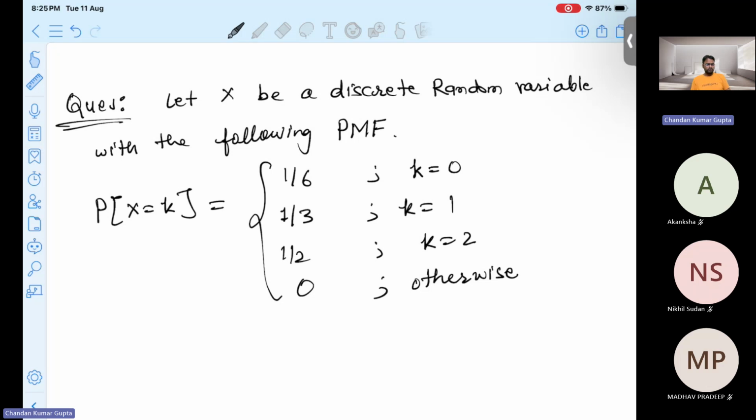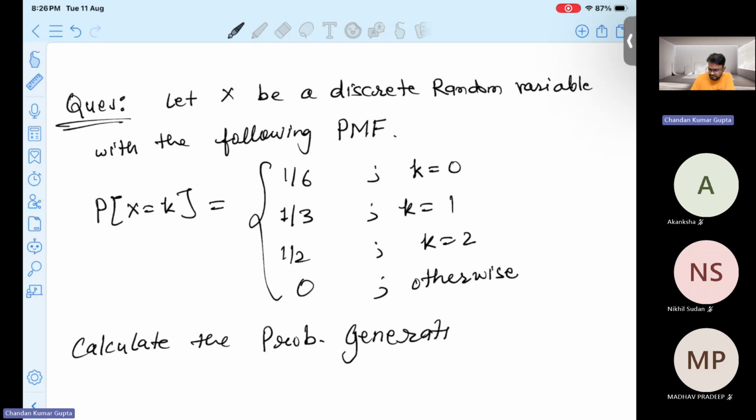Now we need to find the probability generating function. Okay, we need to calculate the probability generating function.